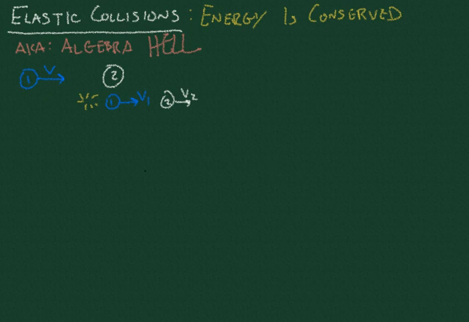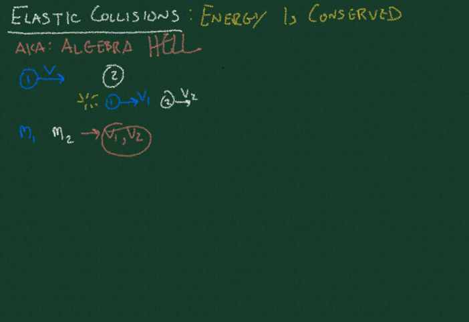Basically, the problem would be given the mass of one, so we'll be given m1, and we'll be given m2, and we need to find v1 and v2, their final velocities after the collision. Okay, so how do we do that? Well, we have two unknowns, so it means we're going to need two equations.